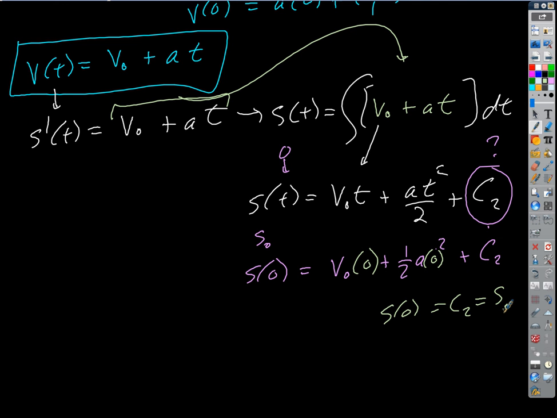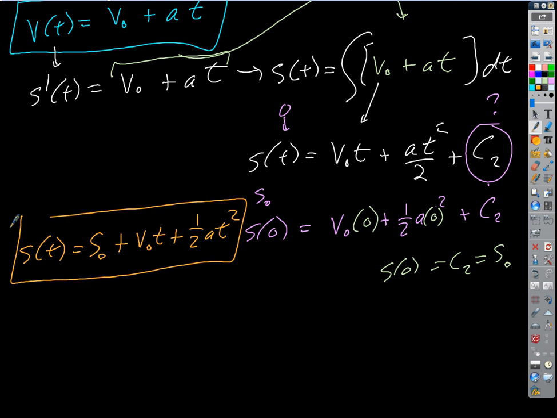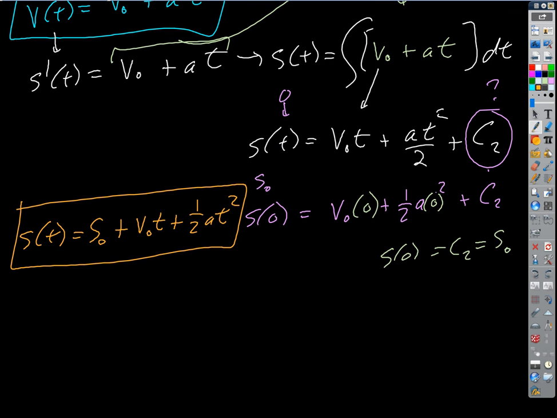And so now if we plug that value in, look what we get. We get the other kinematic equation: s of t equals s naught plus v naught t plus 1/2 a t squared. You might have seen that. Now if you want to write that as displacement, which I think your books do, then you just subtract s naught on each side. Displacement, delta s, is just a change in position, so that's final position minus, I should probably put vector hats on these, minus s naught.